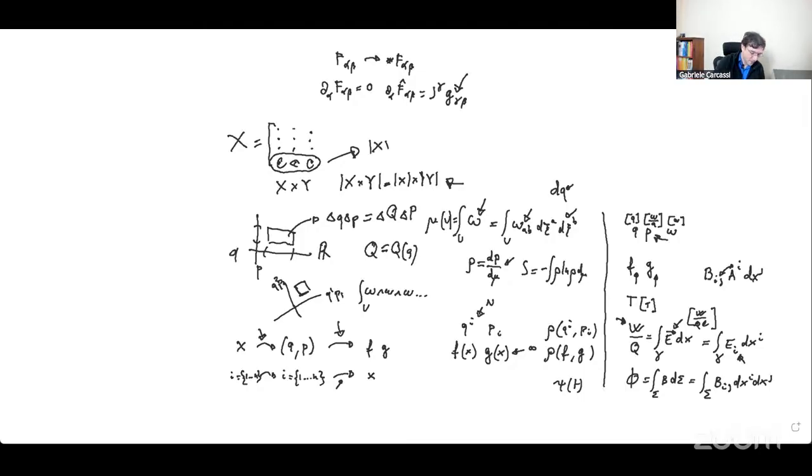Let's see. So the idea is, let's say that I have a space, let's say this is X, and on here we are going to put an F. Your field configuration would be just kind of like a 2D function here, right?